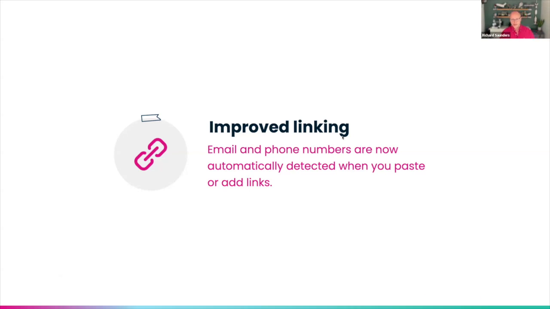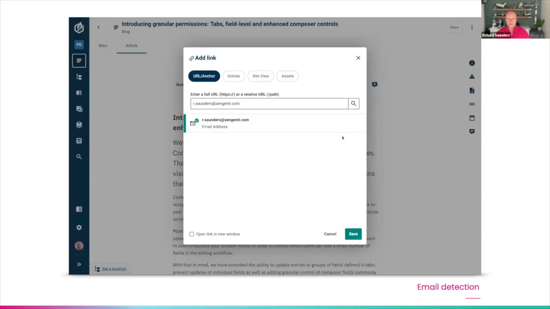Now, when you insert an email address into the link modal, we detect it as an email address, and in the background, we'll put the mailto reference into the email address. We do the same for telephone numbers. We support a wide range of telephone number formats, and they're automatically updated to include tel before them.